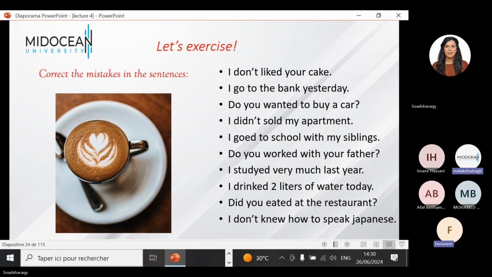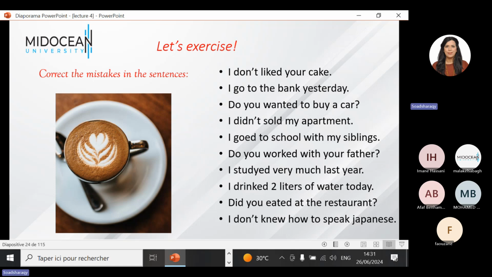Okay, let's wait for another person. You want to answer, Fauzan? Can you do it? "Do you want to buy a car?" Yes, it's correct.